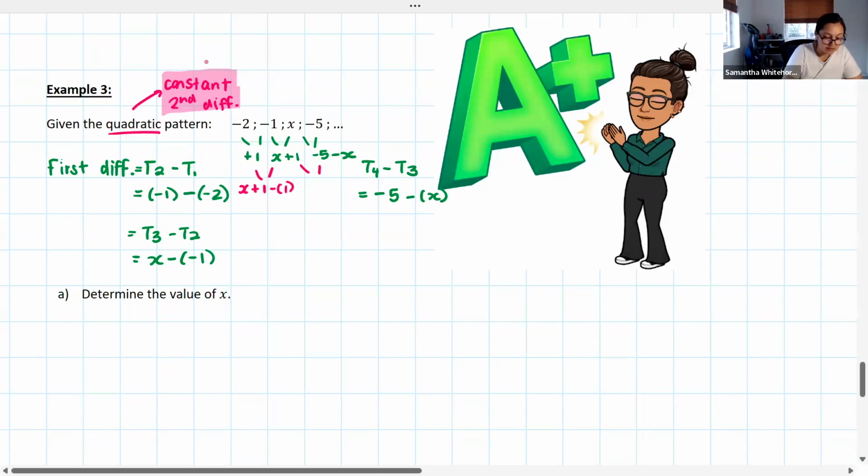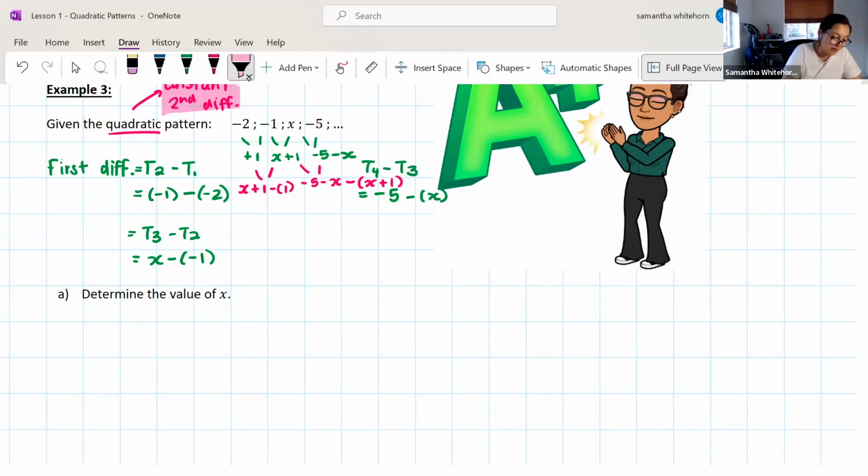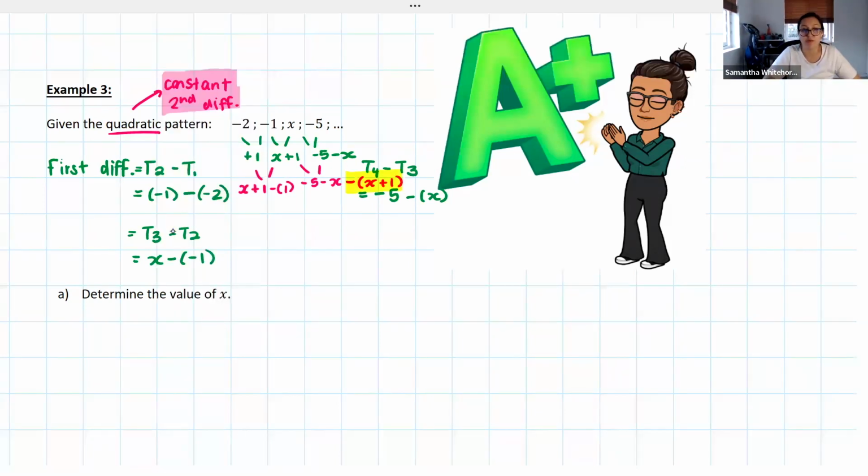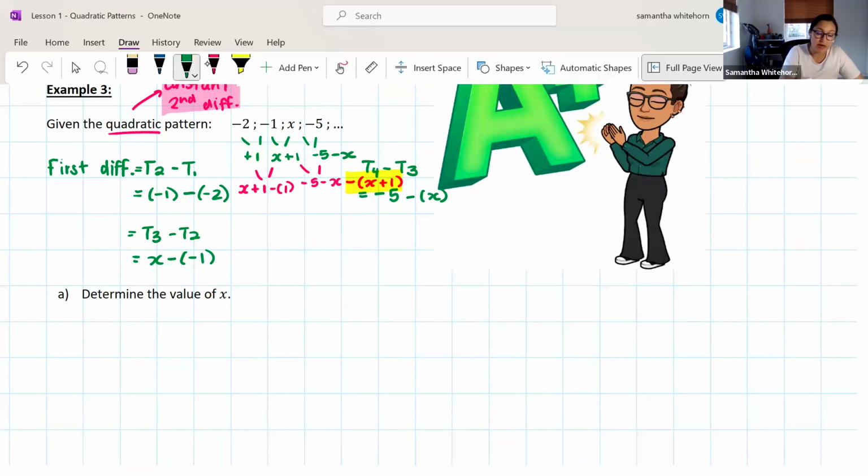And then our second difference here would be -5 minus x plus 1. What I want you to take note of here is I've put that second term in brackets, because when we have negatives, we need to remember that we're going to have to distribute, and those negatives affect our values.